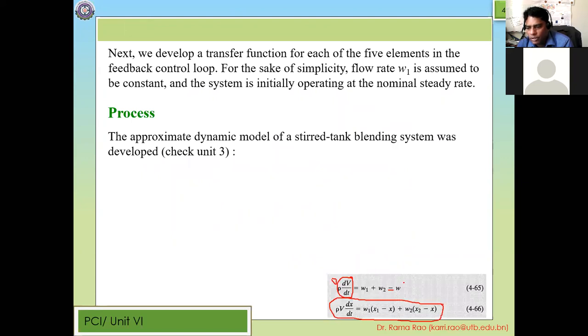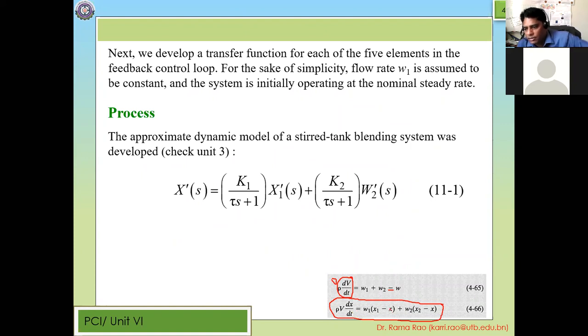Okay, if we apply Laplace transform to this and rearrange it, this will be the equation which we already saw in the previous units. The outlet stream is equal to stream 1 times a first order transfer function plus stream 2 times another first order transfer function. One is with respect to X1 and the other with respect to W2.